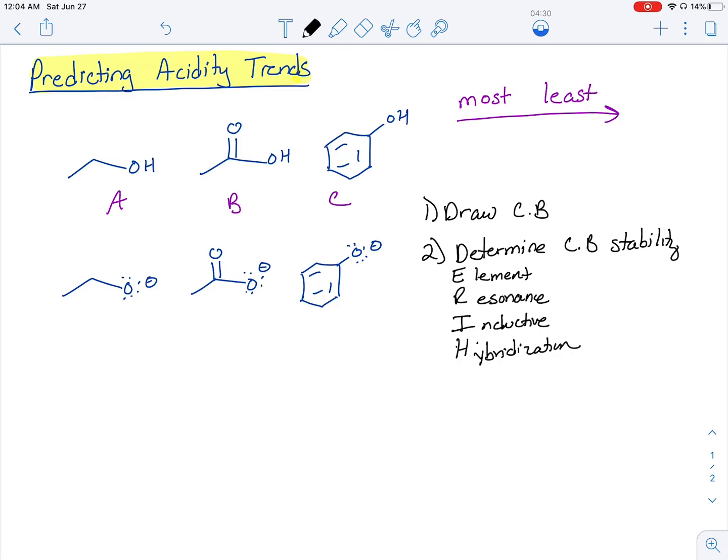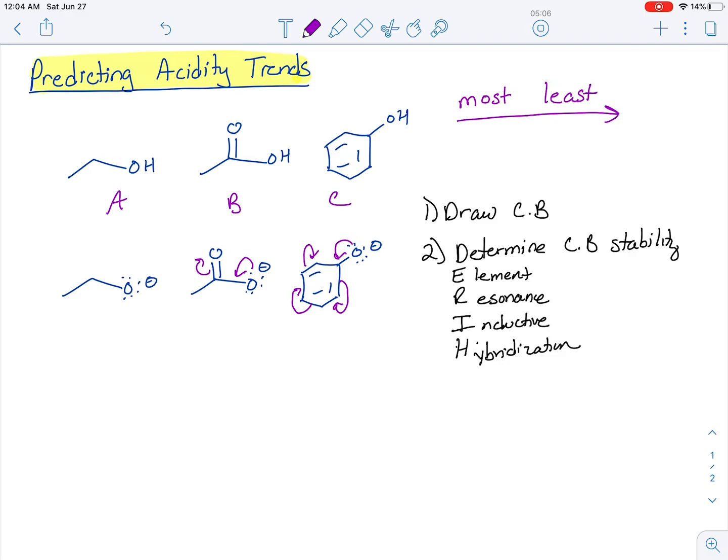Now, if we think about resonance, can resonance help us? Yeah, it has the potential to help us here. The only ones that can resonate are this one here, and this one also can resonate from here, go through here and then out here, so that has a lot more resonance ability.